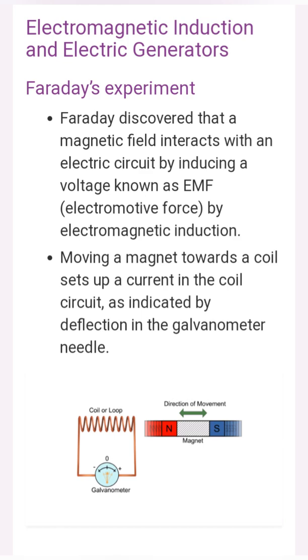As it moves inside and outside the coil, there will be a deflection seen in the galvanometer, which shows that it produces current. This is how the magnet produces current, and this type of current is known as the induced current, and the voltage is known as the induced voltage, which is also known as the electromotive force.